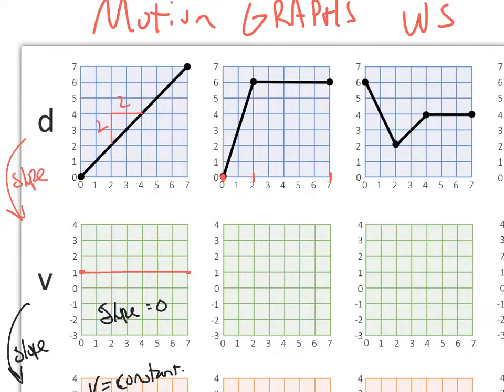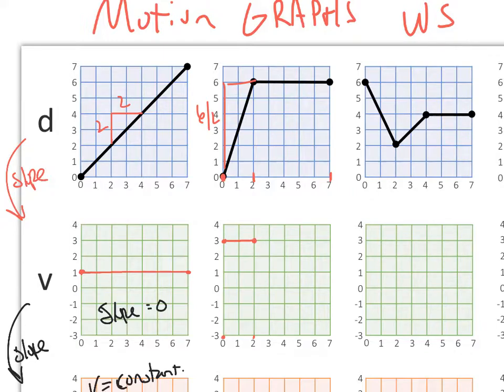So this one looks like we have a rise of 6 and a run of 2. So 6 over 2, so that's going to give me a slope of 3. So on my velocity graph, from time 0 to time 2, I'm going to plot a positive 3. I'm going from the beginning of that interval, right here, to the end of that interval, right there.